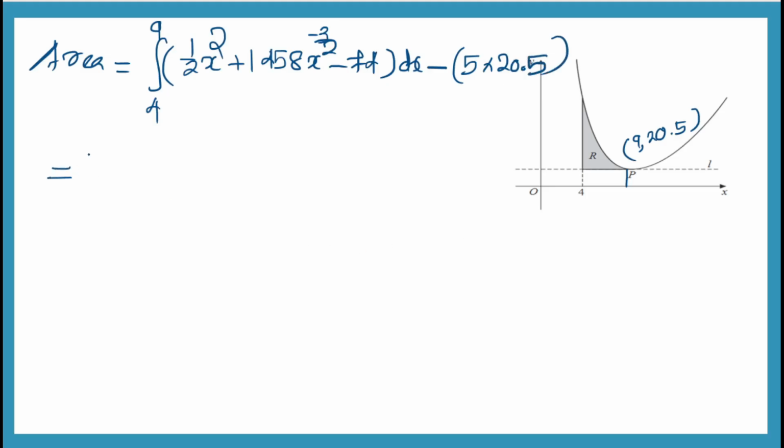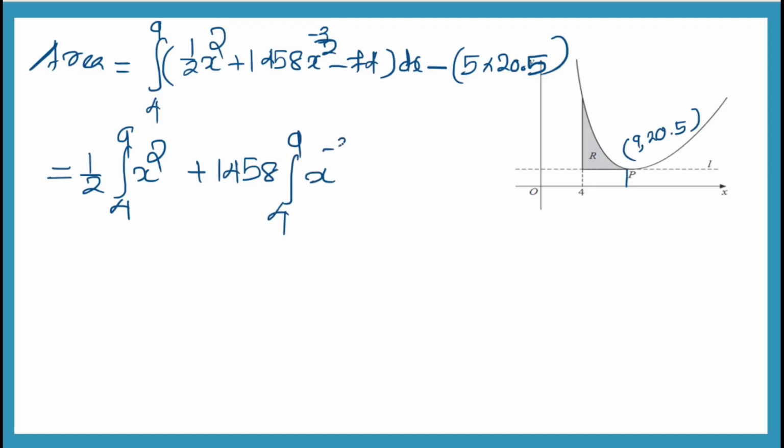that equals 1 by 2 integral 4 to 9 x square plus 1458 integral 4 to 9 x to the power minus 3 by 2 minus 74 integral 4 to 9 dx, minus 5 times 20.5.